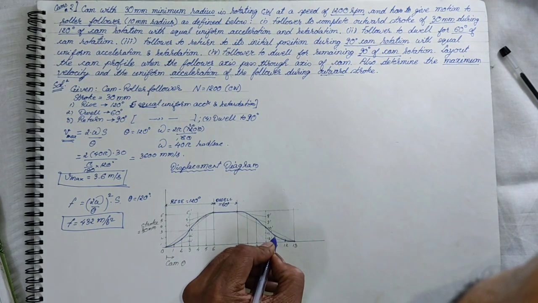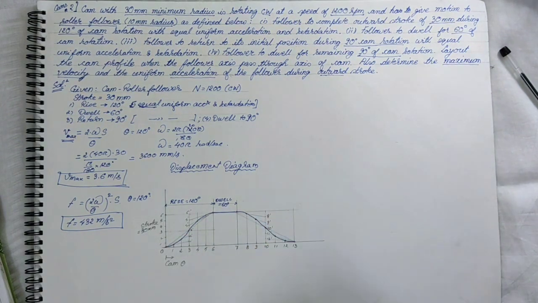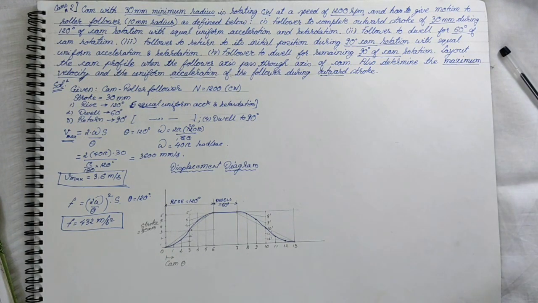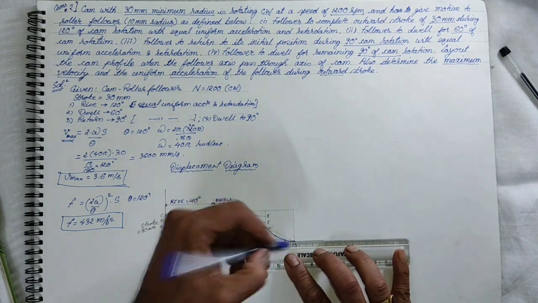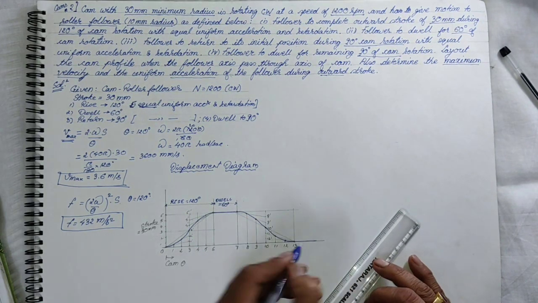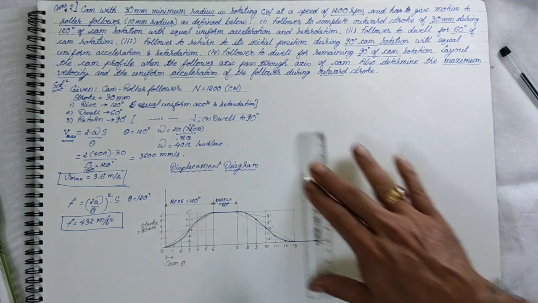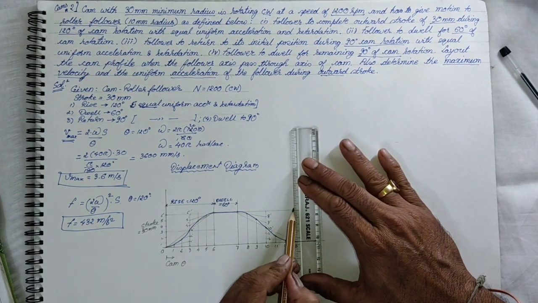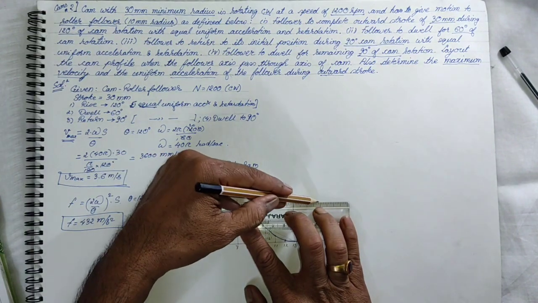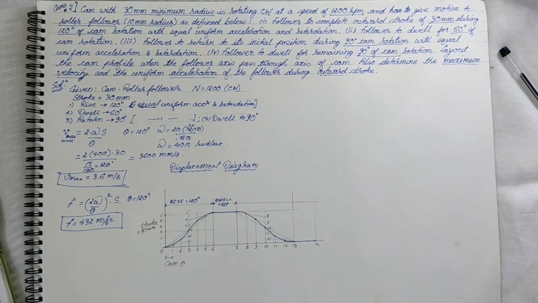What we are concerned with is the vertical displacement, these values which we are going to mark. And from 13 to 14, again we can say this is 14. So from here to here it is return, and the remaining is again dwell.